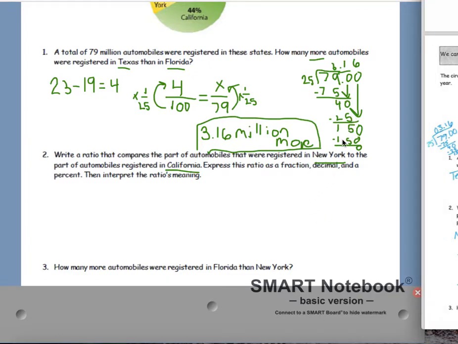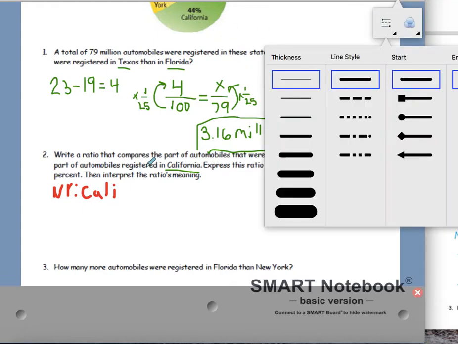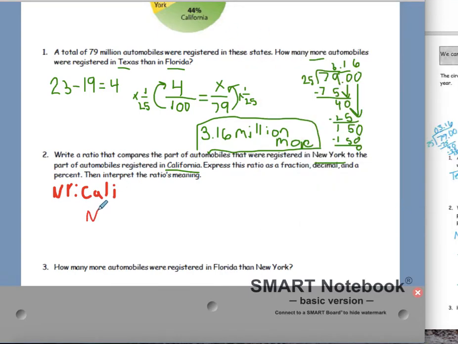So if we're going from New York to California, the ratio is going to look like New York, because that's what was first, to California. So when we write that as a fraction, we're going to put the New York on top, because again, that's our first number. New York over California.